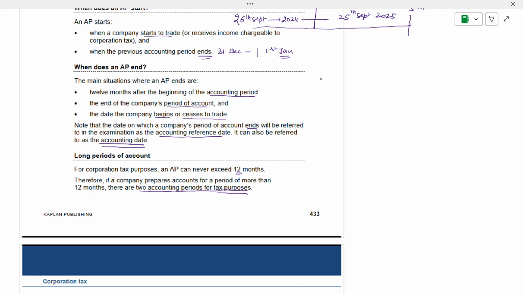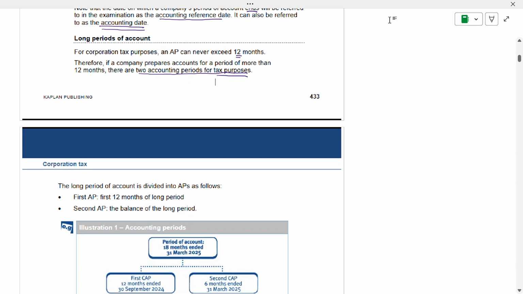I told you, at some point of time there should be a cutoff. The longer period of account is divided into two accounting periods: the first 12 months, and the balance of the long period.